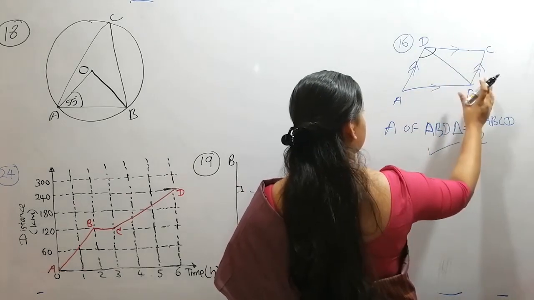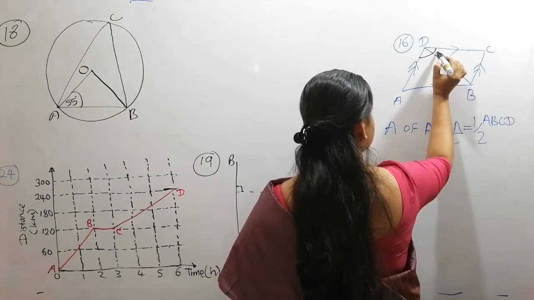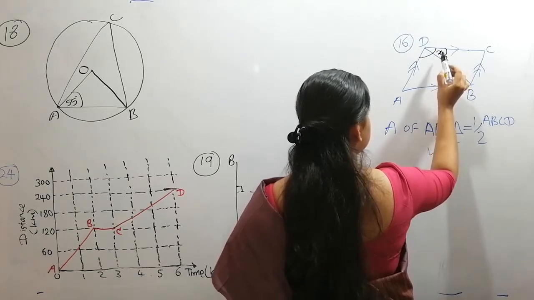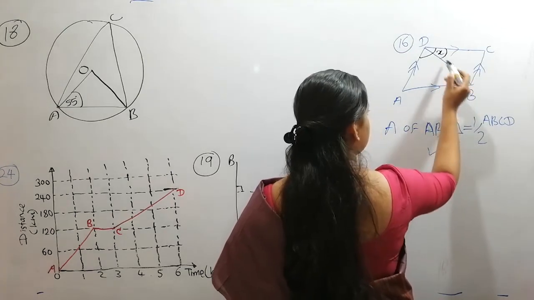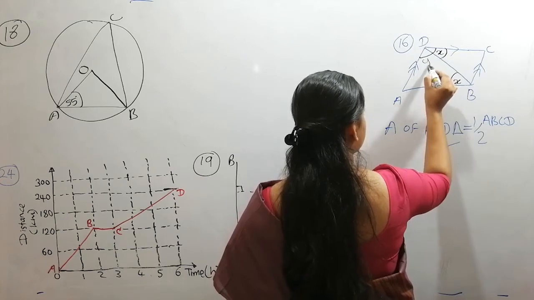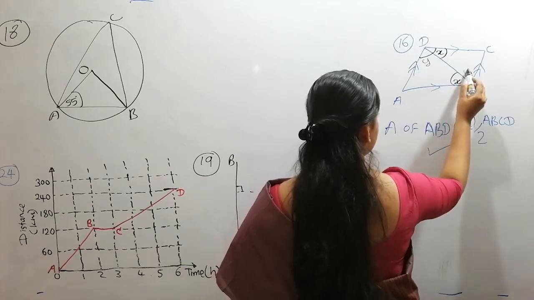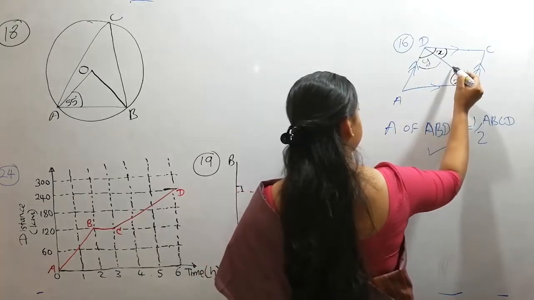Since this is a parallelogram, opposite sides are parallel to each other. If I select this angle as x, this angle will be equal to this one, because alternate angles are equal. And if this angle is y, this angle is equal to y. The alternate angles are equal.